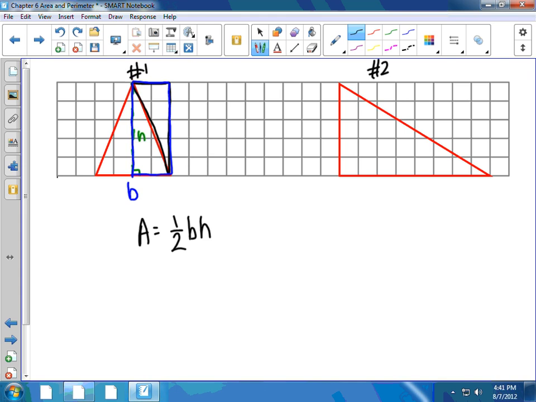Let's take a look at the second triangle and verify that. Let's say that I make this side the base. Since this is a right triangle, here's my height. Remember that for a triangle, you want to cut along that halfway point for the base. So let's count out how long that base is. 1, 2, 3, 4, 5 squares. So about 2.5 then. Here is about where that cut line will occur.